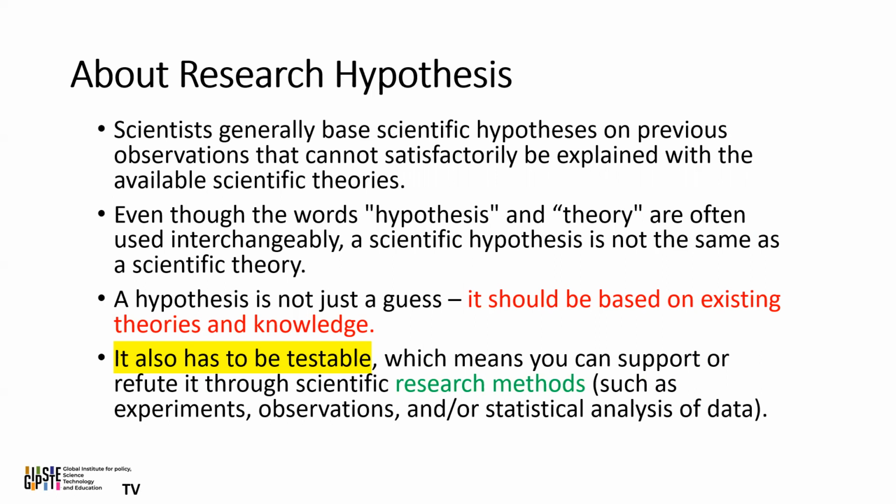That is where the relationship comes in, but there is a difference. It also has to be testable, which means you can support or refute it through scientific research methods, such as experimental research, observations, and or some statistical analysis of data. You can see hypothesis testing in all these elements.